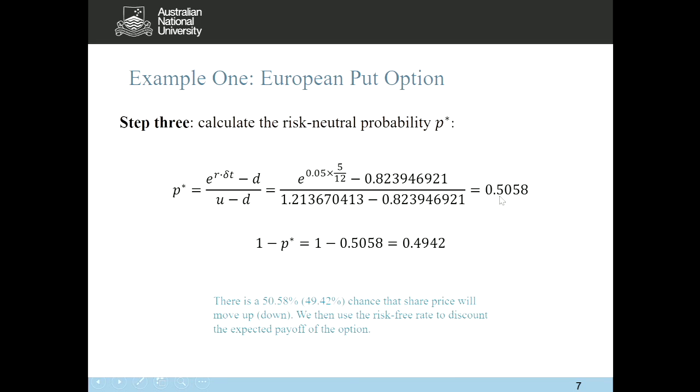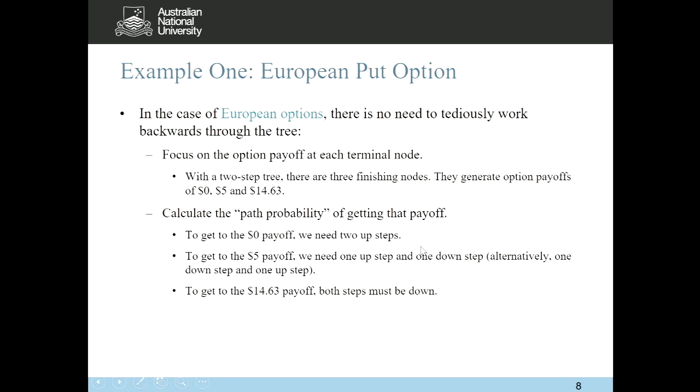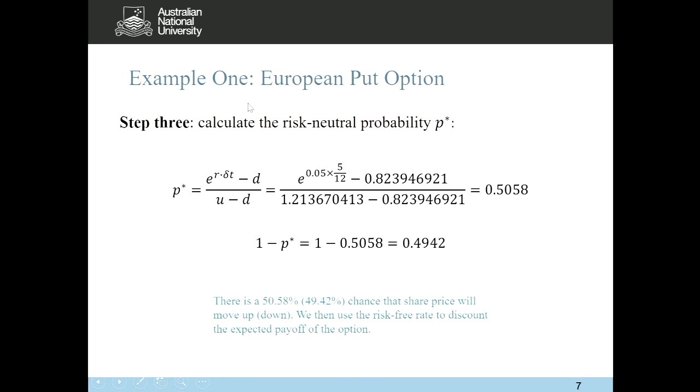So we get a probability of going up of 50.55%. Basically, it tells us there's a 50.55% chance the share price can go up. Now, 1 minus p star gives us the probability the share price goes down, which is 49.42%. So that's your third step. The third step is to work out your risk-neutral probability.